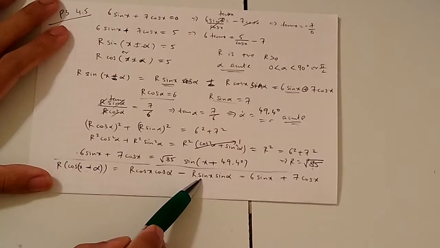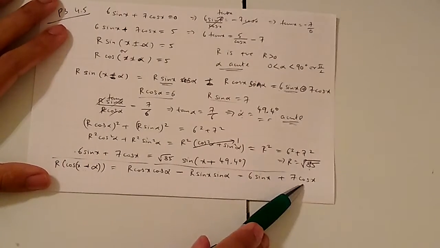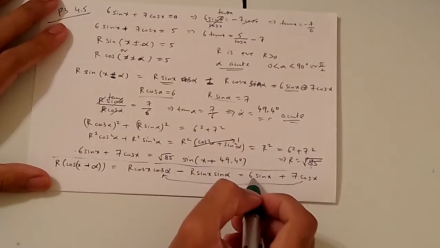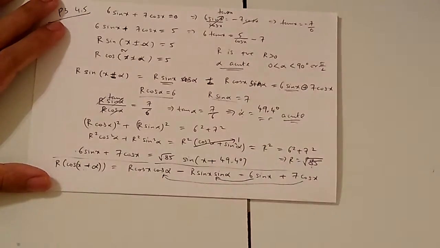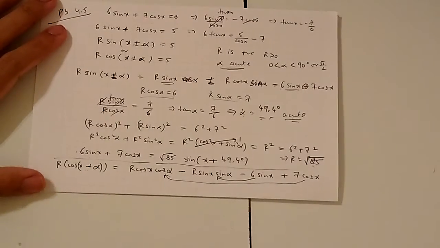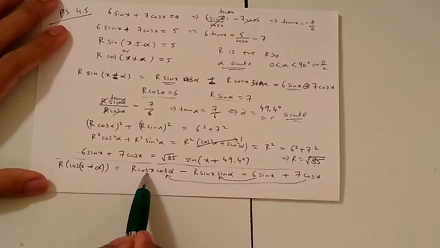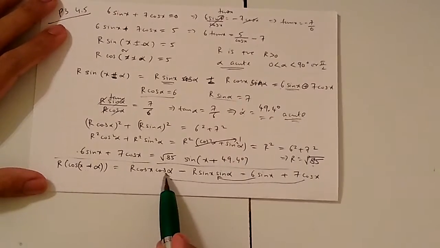The second term here is sine x, while there the second term is cos x. So in other words, this is going to be the first term and this is going to be the second term. Now comparing the terms, we have cos x, therefore R cos alpha is going to be equal to 7.